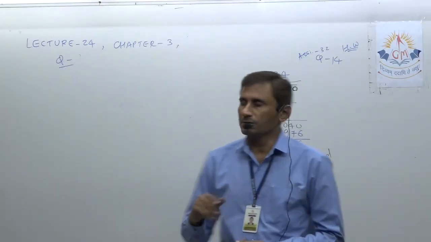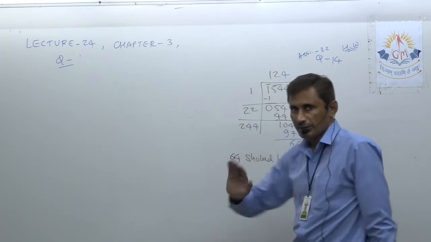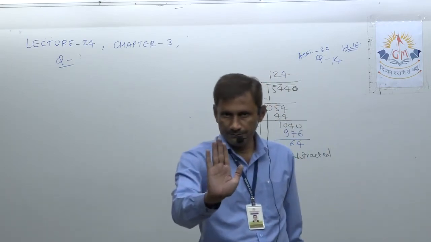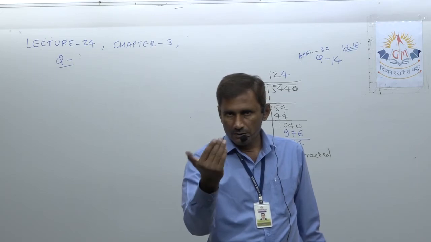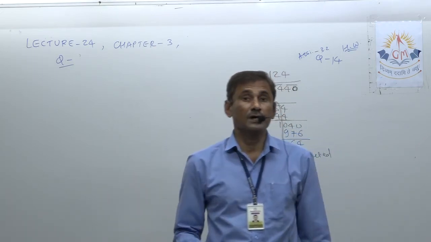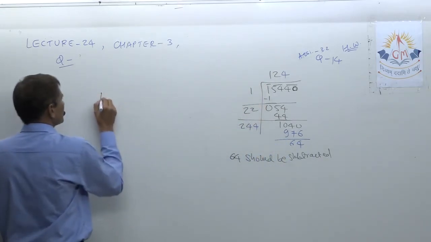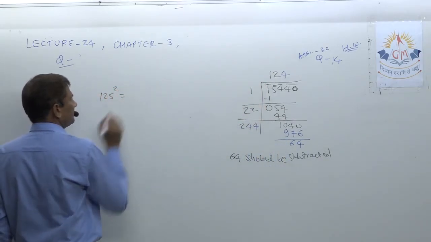For that purpose, we are now at 124 point something. So we are ahead of 124. Don't return. Here you can return, but go ahead. So we have to reach 125. So in that case, you should make 125 square.